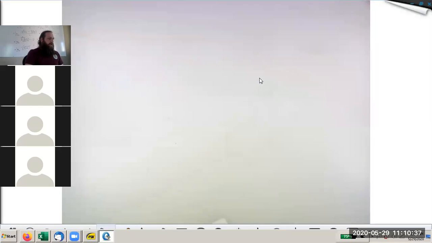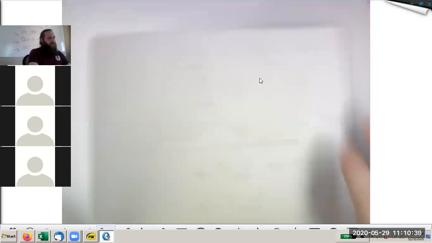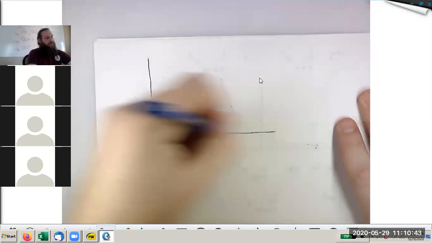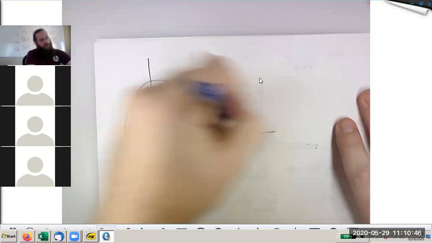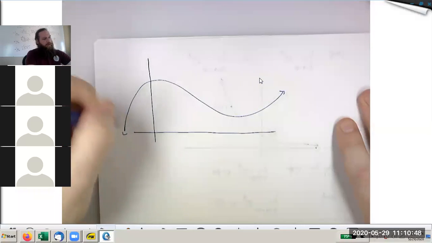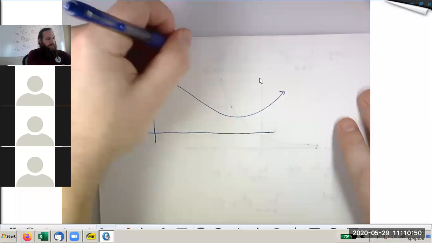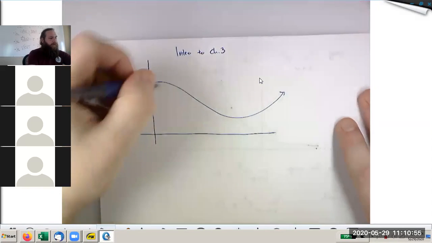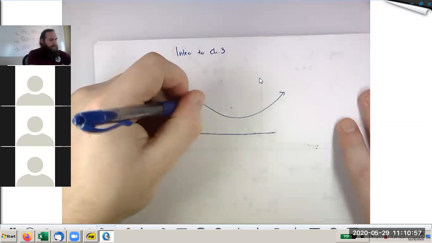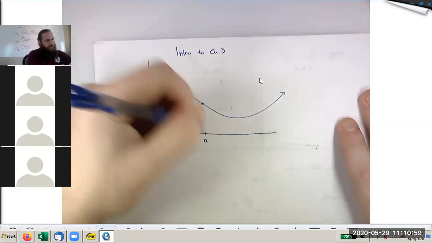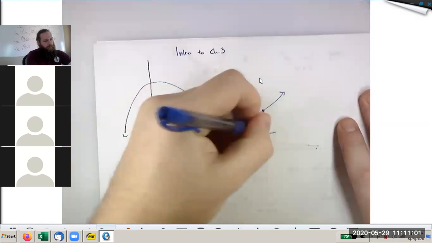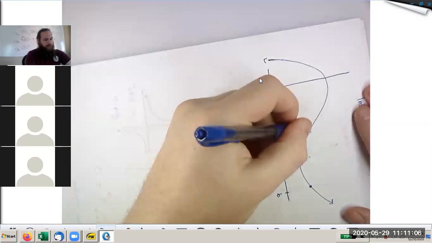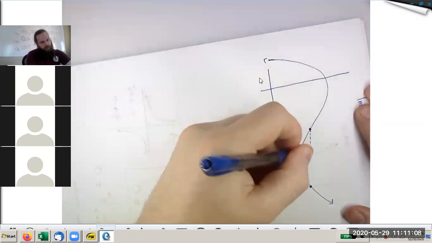On Monday, we're going to start talking about the derivative, which means we're going to need to talk a little bit about slopes. We know that straight lines have a single slope, but most functions are not straight lines.